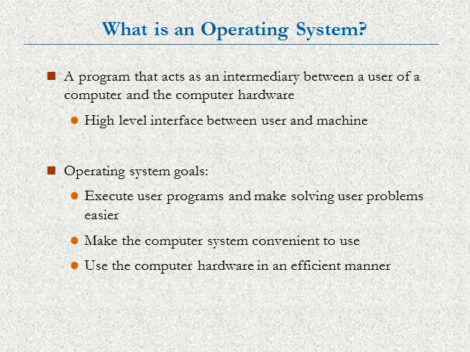In exactly the same manner, when we talk about computers, an interface between the user and the hardware present in your machine is an operating system. It provides you various tools through which you can interact with that hardware.